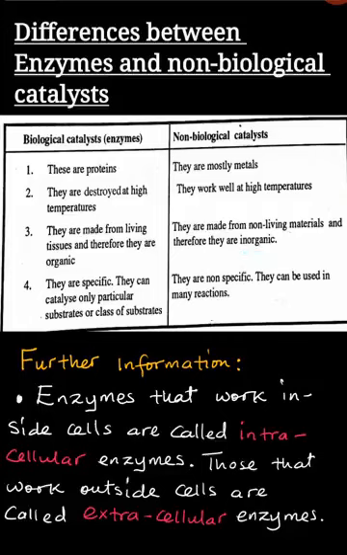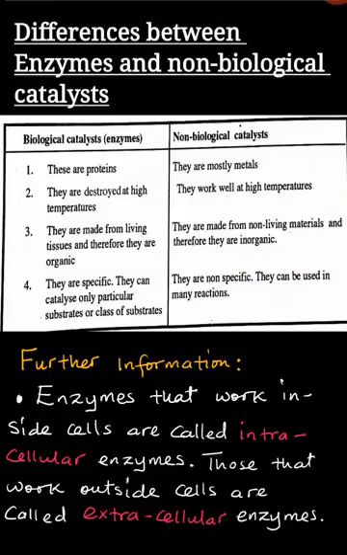That's the thing. The final difference is that enzymes are specific. They can only catalyze particular substrates or class of substrates. So each enzyme is very specific to the substrates that it works on. But when it comes to non-biological catalysts, these are not specific.